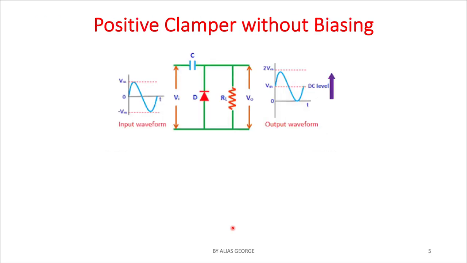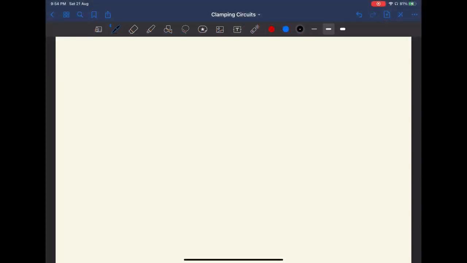So here we will be discussing some examples of clamper circuits. It is very easy. We can see this first one here. I will try to explain this. Positive clamper without biasing.